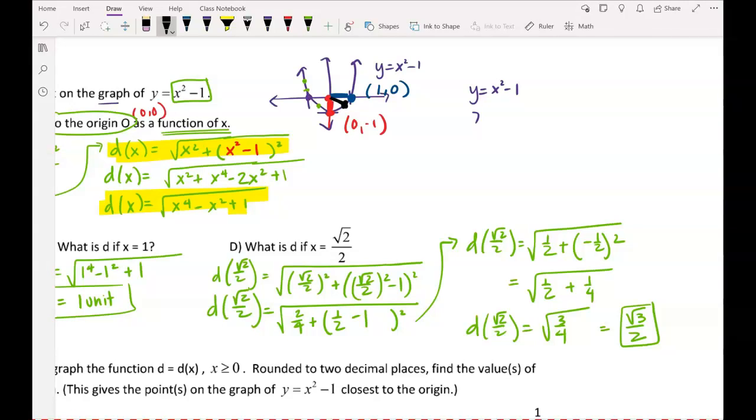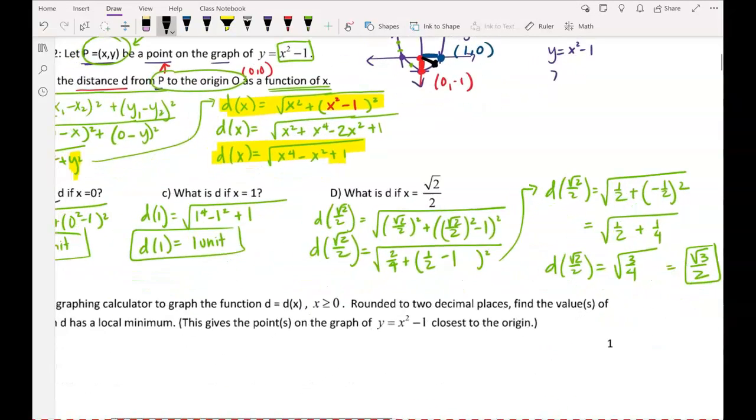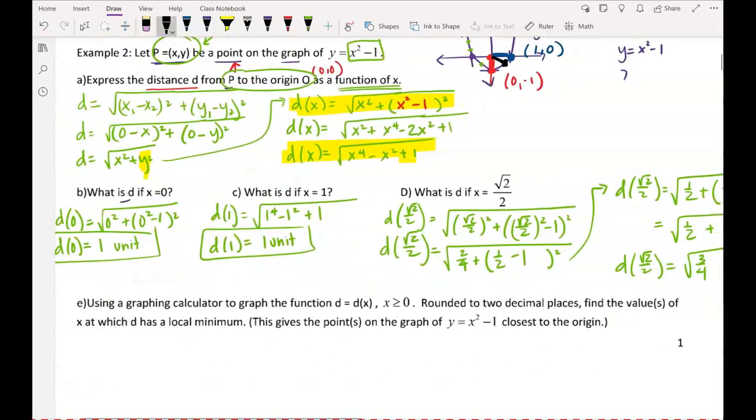That distance should be radical 3 over 2. Now, students, radical 3 divided by 2 is about 0.87. Radical 2 divided by 2 is about 0.71. So that distance right there is less than 1 unit long, and we are going to verify that in a little bit with decimals.